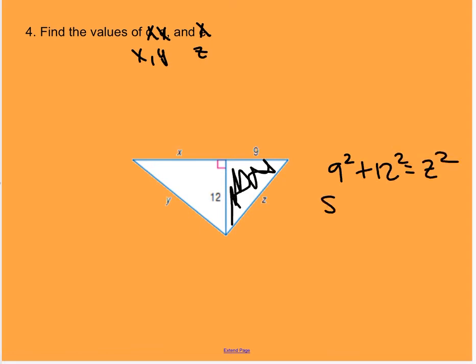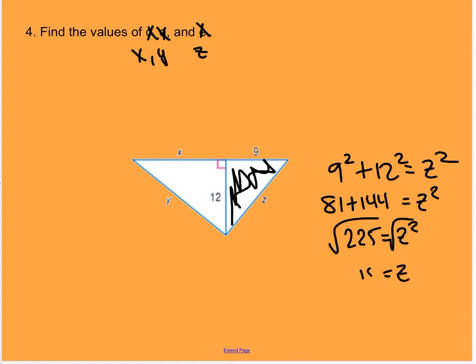So it's 81 plus 144 equals z squared. 81 and 144 are 225. The square root of that is going to be 15.